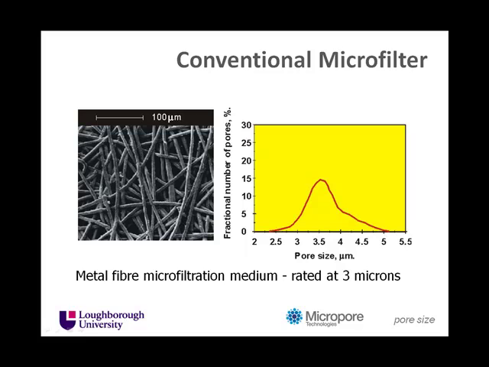What it really has is a depth. It's like a sponge, so it's capturing those sorts of particles inside the sponge network. And if we're going to inject an oil phase through this microfilter, as indeed we do for membrane emulsification, then this becomes critically important, because it's the surface of the microfilter that's most important to us for membrane emulsification.